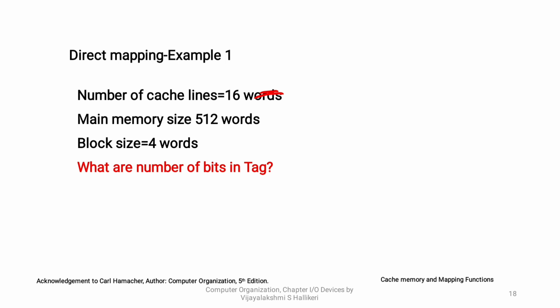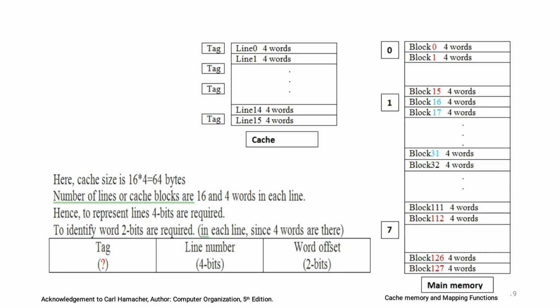In main memory, totally 512 words are there. If we keep 4 words in one block, how many blocks can we make in main memory? 512 by 4. Like this we can do some calculation, but their question is: what is the number of bits in the tag? As part of the solution, the diagram is given here.